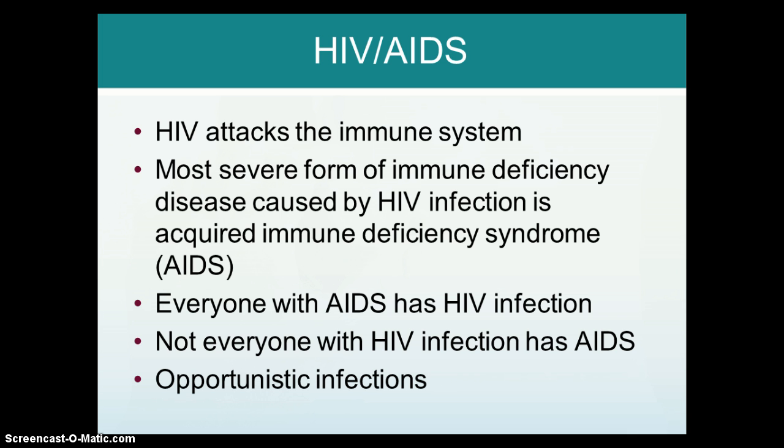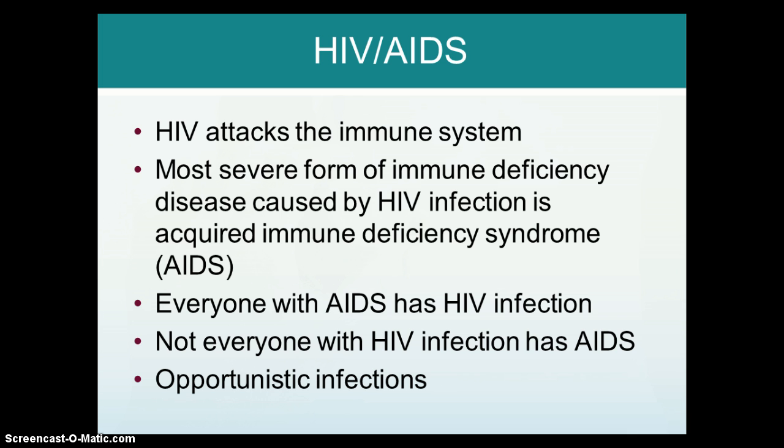Your immune system is based on how many of these helper T cells you have in your body. Because HIV infection takes over the cell, kills the cell, and infects and kills other cells, those numbers begin to drop in your body.